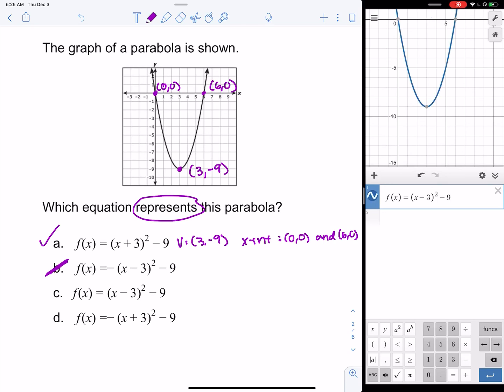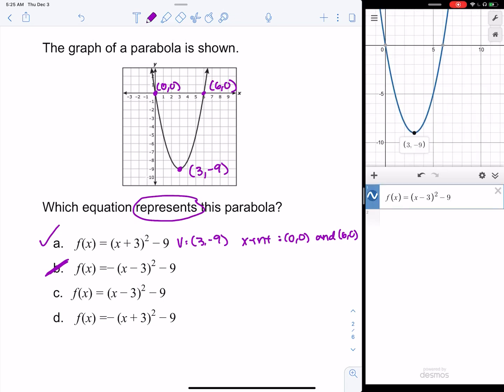So, oh no. Hmm. See, I think I made a mistake on A. Okay, so we have (x minus 3) squared minus 9.